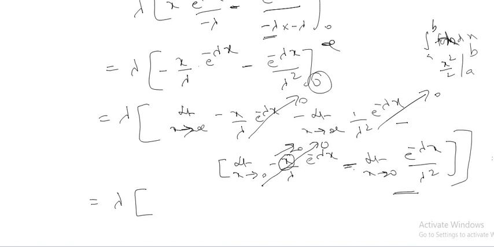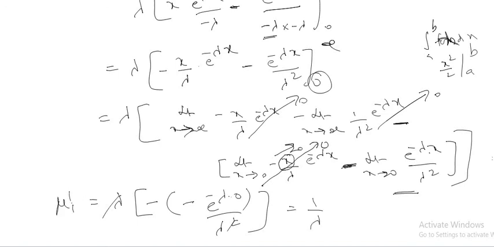Only the term when x tends to 0, e power minus lambda x by lambda square, remains. So all the others are zeros. We already have a minus here, minus of minus, so plus, and lambda square gets e power minus lambda into 0, which is 1. So 1 by lambda.